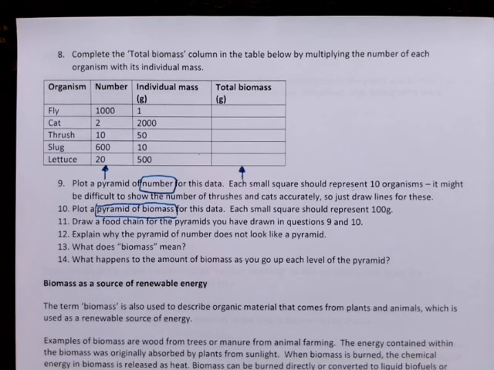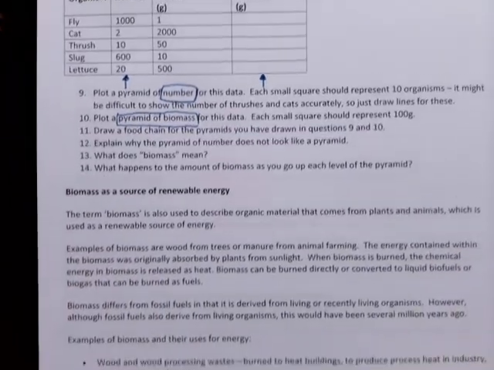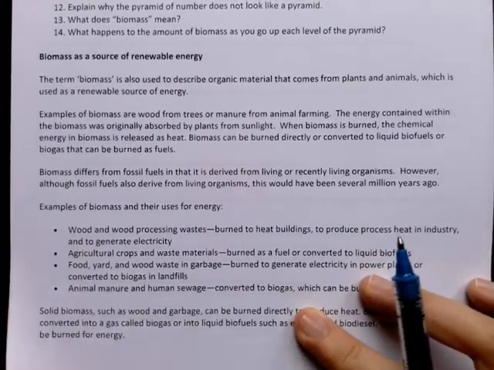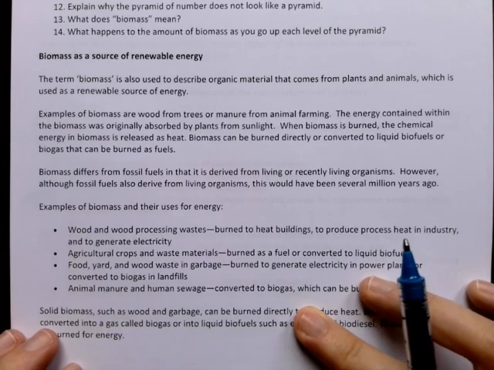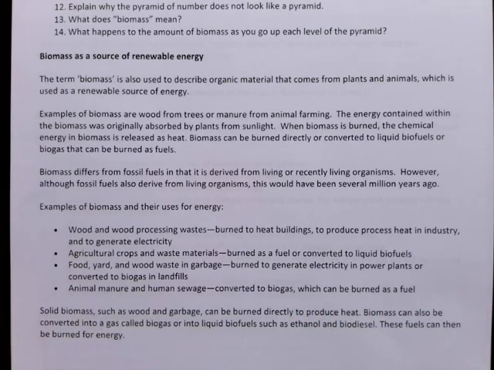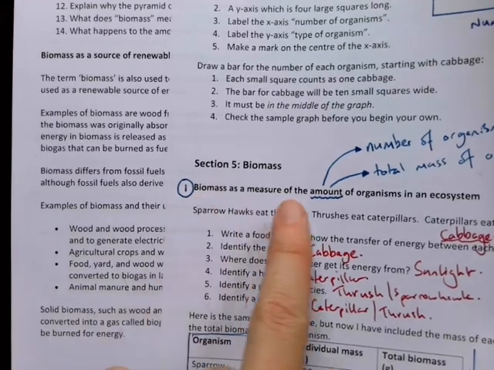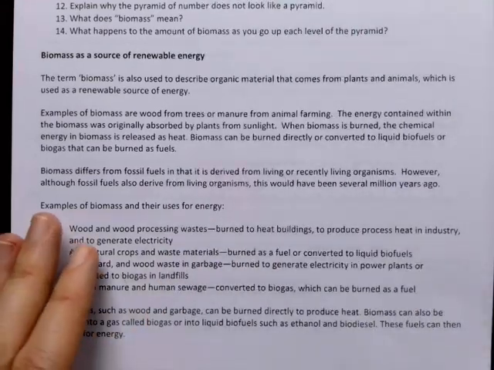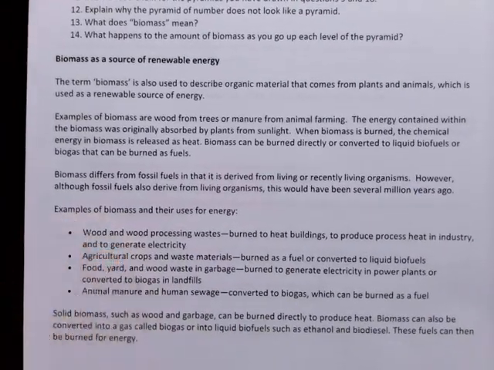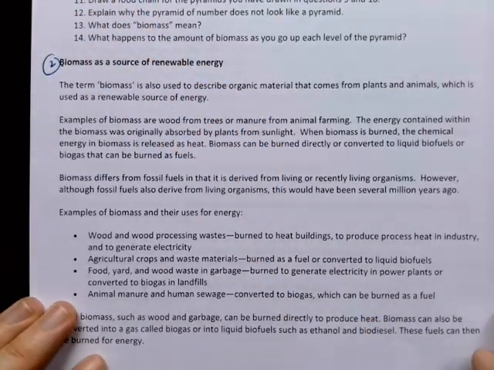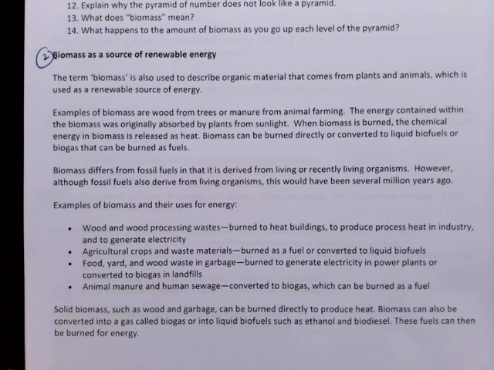Now, once you've done that, we do have down here a little bit more information about biomass. So remember I said at the start that biomass has two meanings. The first one is a measure of the amount of the organisms, and that gives us our pyramid of biomass. The second one is biomass as a source of renewable energy.